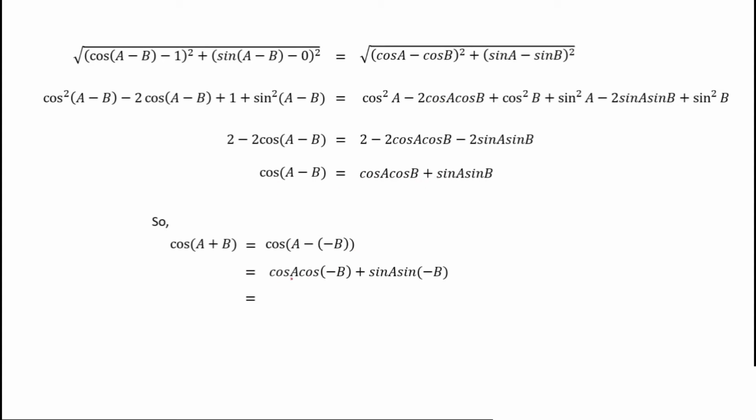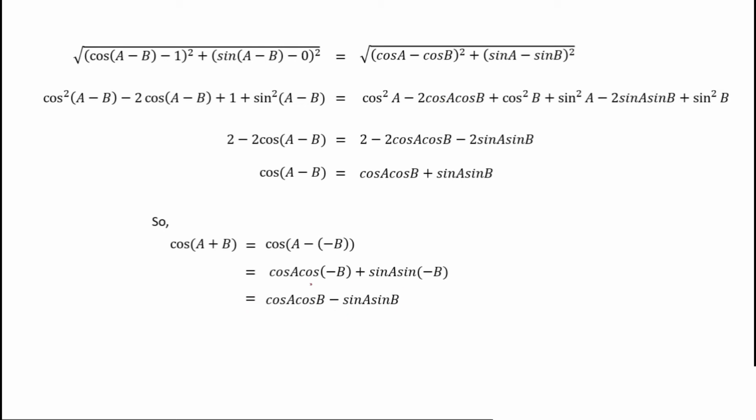So that goes to cosine A times the cosine of negative B, because your second angle here is now negative B, plus the sine of the first angle A times sine of the second angle, which is negative B. And that's going to leave you, well, cosine A and then cosine of negative B. Recall that cosine is an even function and that the cosine of negative B is the same thing as the cosine of B. And then sine of negative B, well, sine is an odd function, so sine of negative B is actually the same thing as negative sine of B. And so you get this negative 1 that's not here, which changes to a minus.